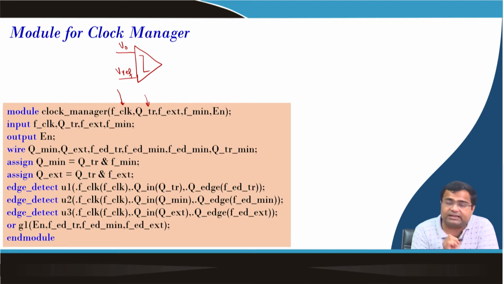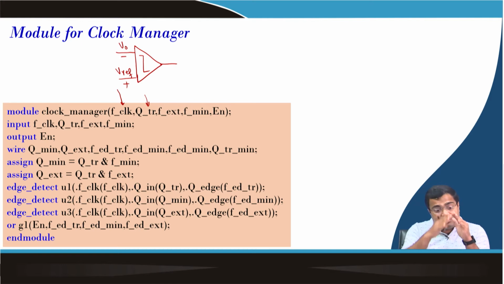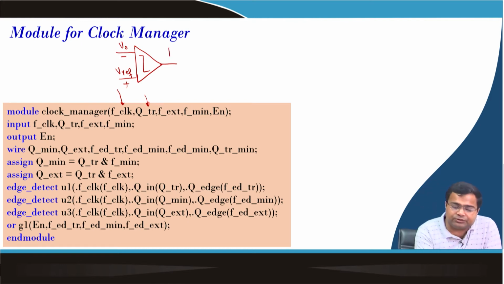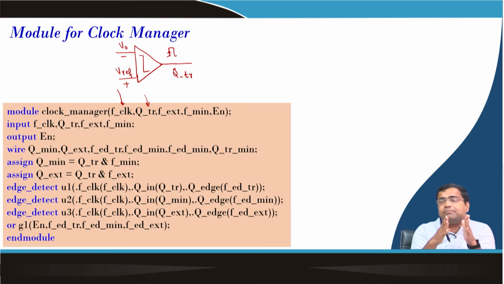If the output voltage falls below the reference voltage, this will generate a trigger pulse, which we call Q trigger. As long as the output voltage is below the reference, QTR is high at all times. So, this is QTR.